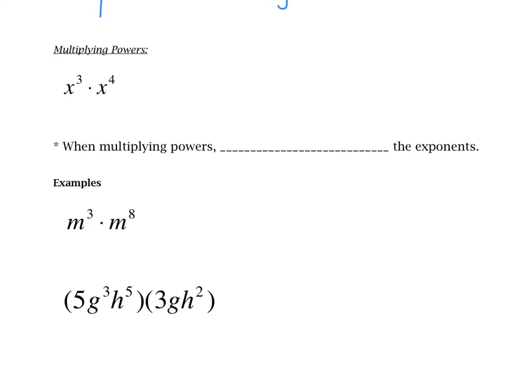Drew? Addition. Yeah, because here's what this is going to look like. I'm going to end up doing 3 x's and then times 4 x's. So altogether I end up with 7 x's. Okay? So when you're multiplying 2 powers together, you're going to end up adding the exponents. Okay? Add the exponents.